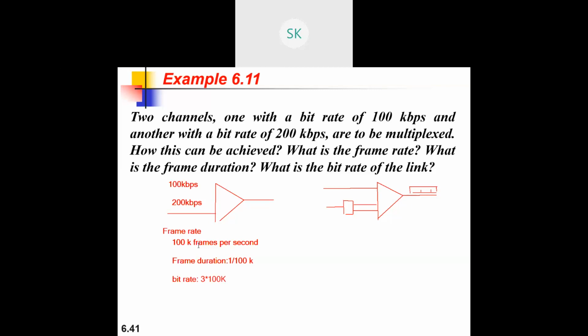Agree? Because three is the input channel, so each one of it will be transmitting one bit, so three bits will be there. So each bit will be carrying how many kbps? 100 kbps. So frame rate will be nothing but total is 100 kbps.